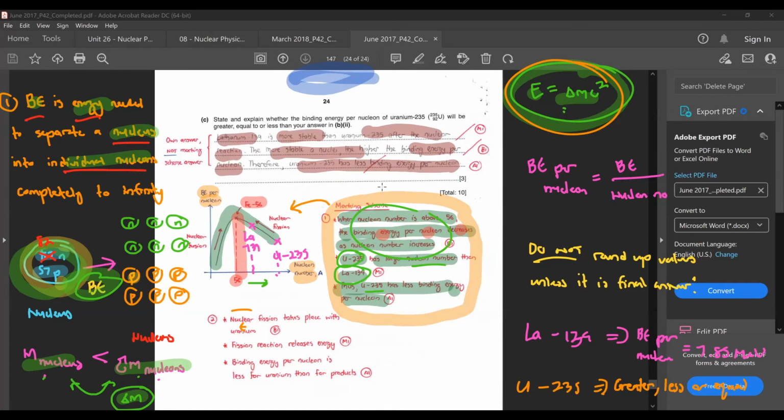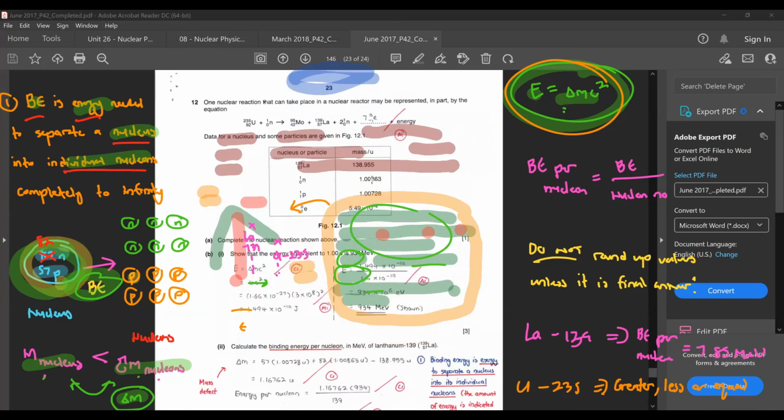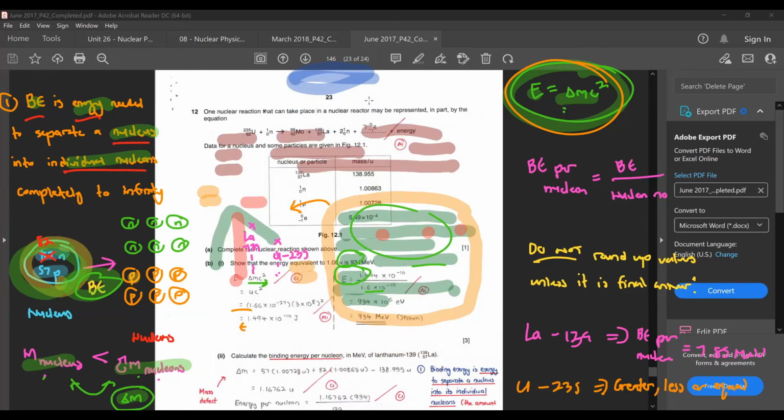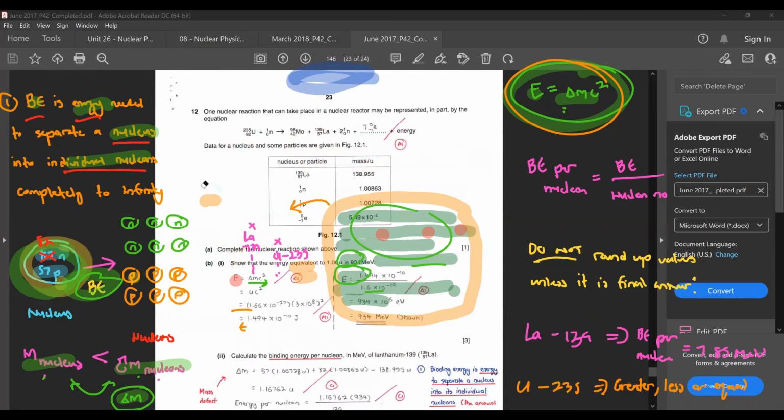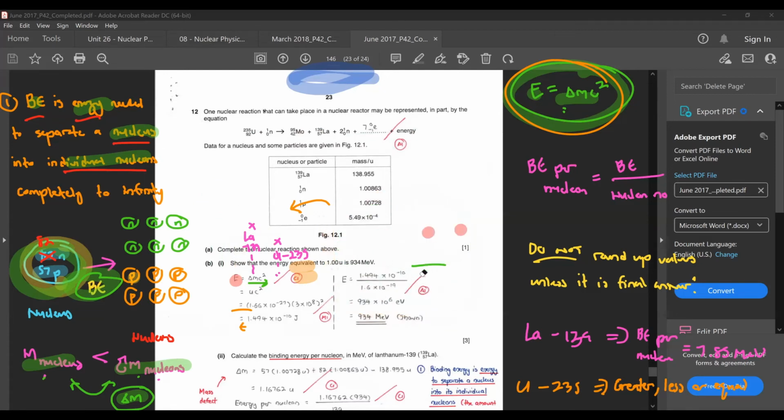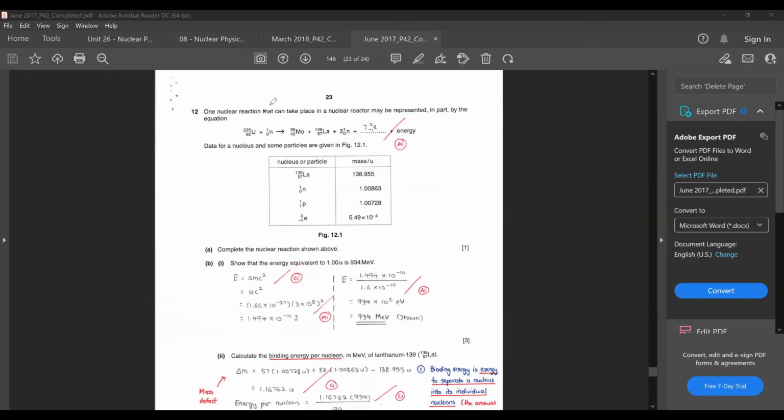That one is actually referring to this equation here. If you look at the first equation on the previous page, you started off with uranium and then you ended up with molybdenum and lanthanum. They're actually making a comparison between uranium and lanthanum.